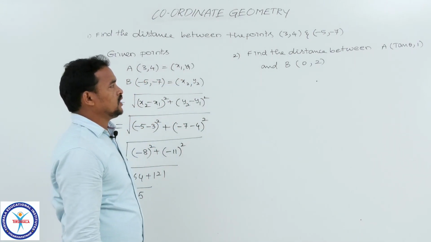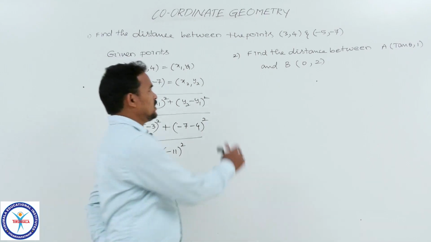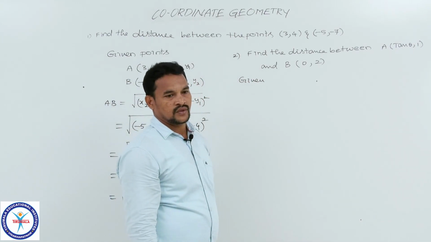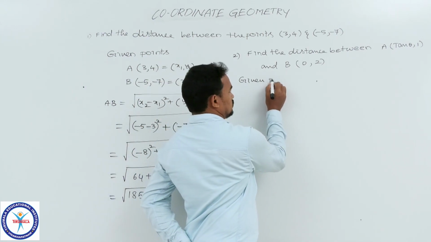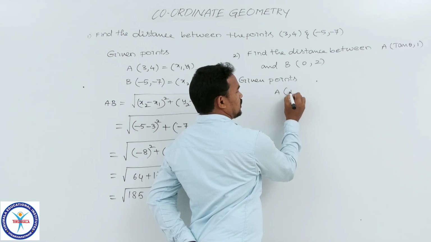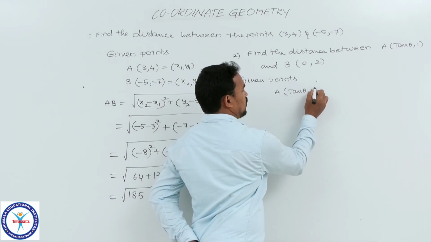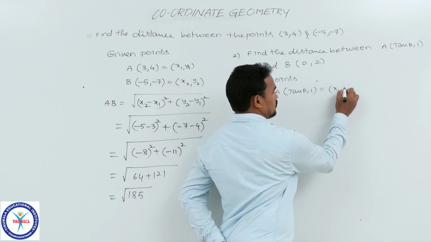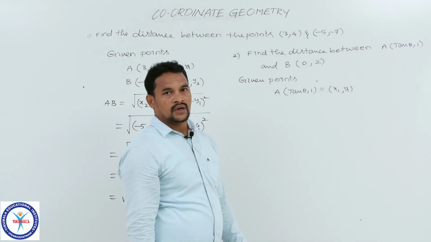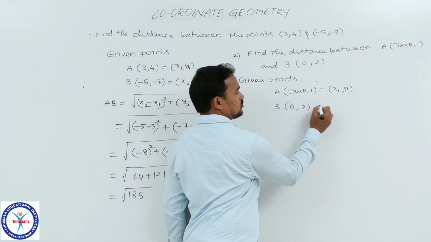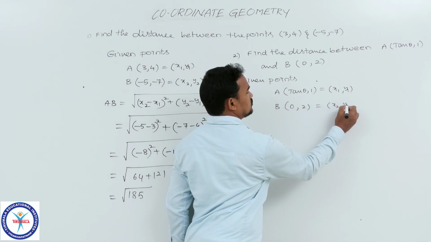Find the distance between these 2 points. Here see, first of all write here the given points. Given points are A of tan theta, comma 1 is nothing but x1, comma y1. Next, another point B is 0, comma 2 is nothing but x2, comma y2.